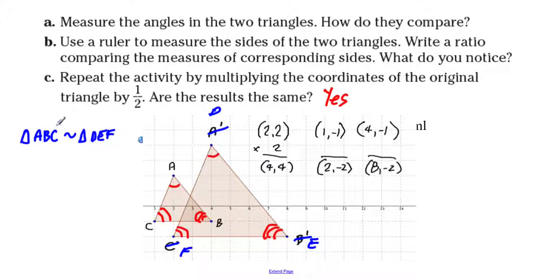And if you notice, my vertices correspond to each other. So they're similar to each other, and if you measure the angles, angle A would be congruent to angle D. Angle B will be congruent to angle E, and angle C will be congruent to angle F. Even though they have different sizes, they have the same shape.